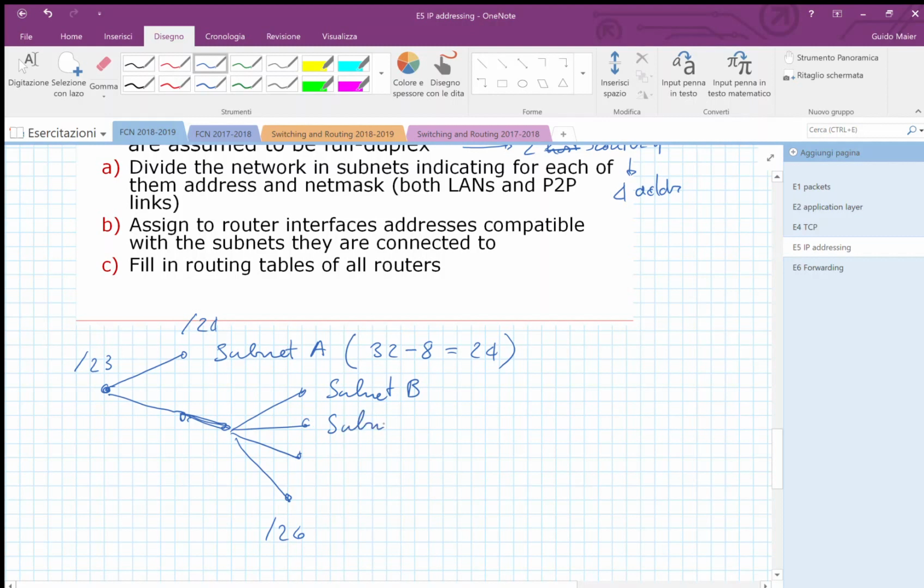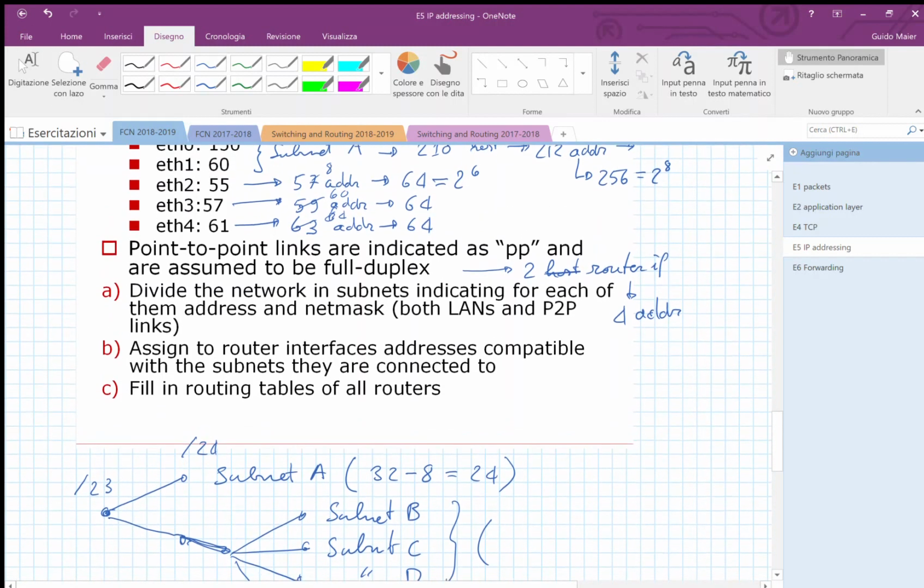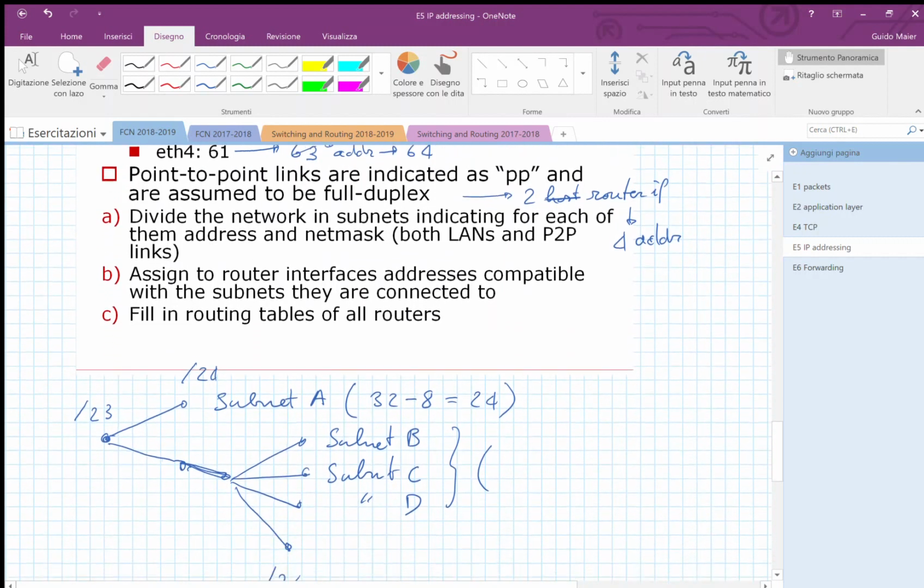Four blocks are enough because we need to create 3 subnets of equal size, and each one must be 64. 64 is 2 to the 6. 32 minus 6 is equal to 26.